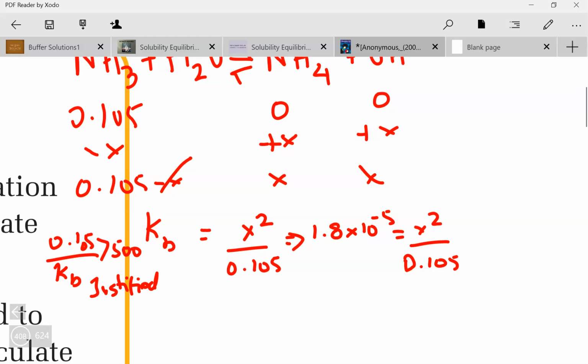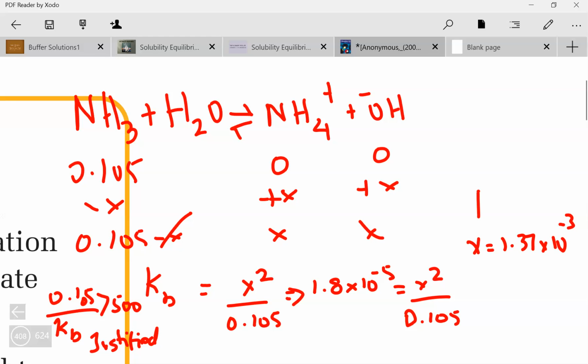So to calculate x, I multiply 1.8 times 10 to the power negative 5 times 0.105, and take the square root of that. X equals 1.37 times 10 to the power of negative 3, which is my OH minus.